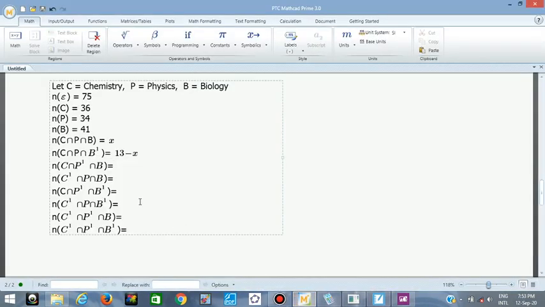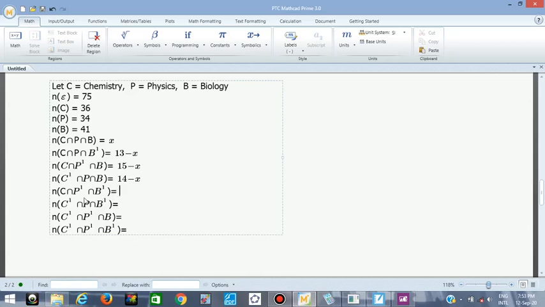Physics and biology, which is this place, is 14 minus x. Then those that did physics, chemistry and biology, which is 15 minus x. So they need to see this also.